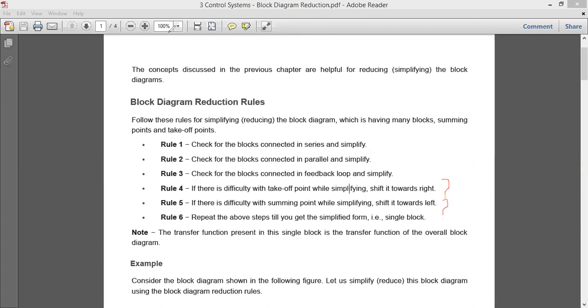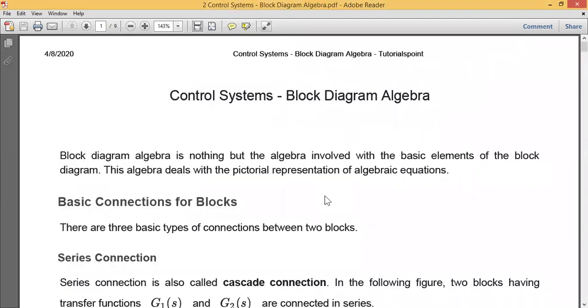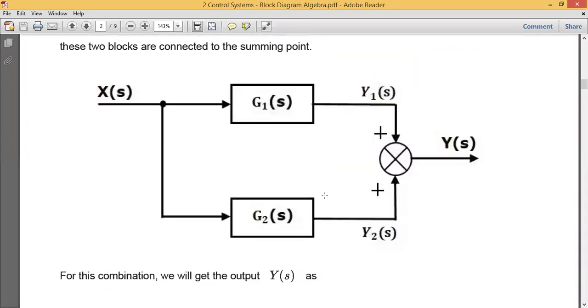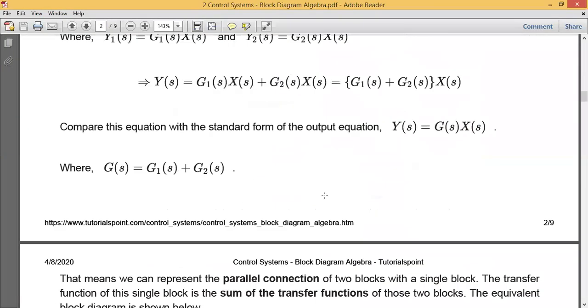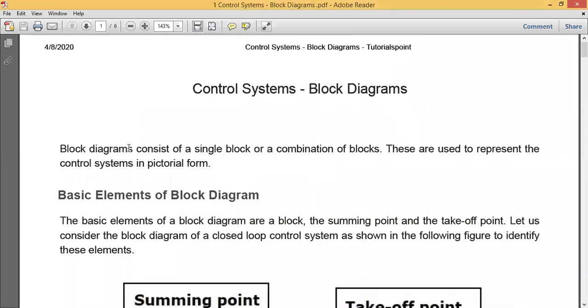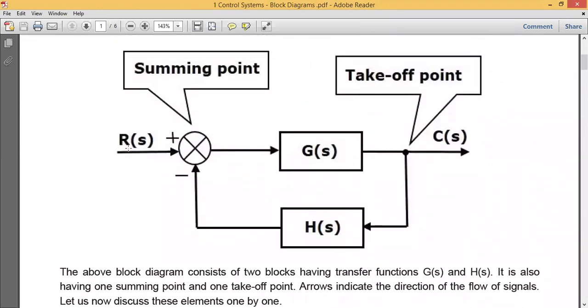The problem here is I will share you one slide of my class. Just try to check in this control system diagram. I've shared here. Because in the control system, I will show you one diagram.